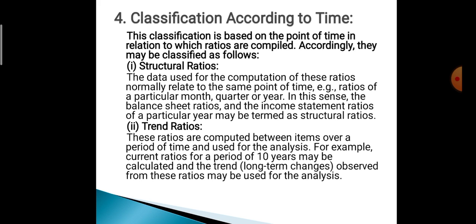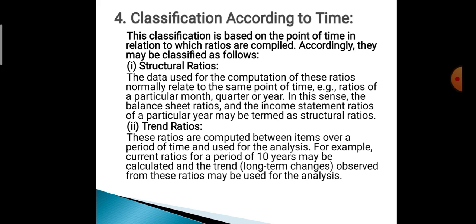In this sense, the balance sheet ratios and the income statement ratios of a particular year may be termed as structural ratios. So, structural ratios are calculated from data relating to some point of time, say a particular accounting year.